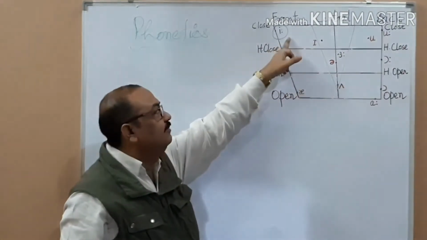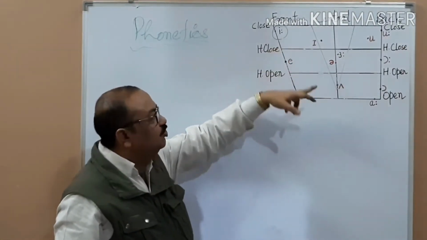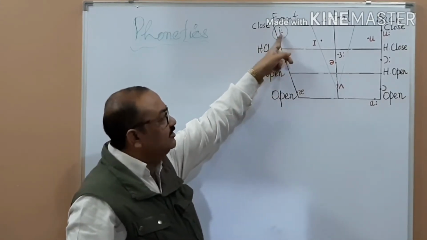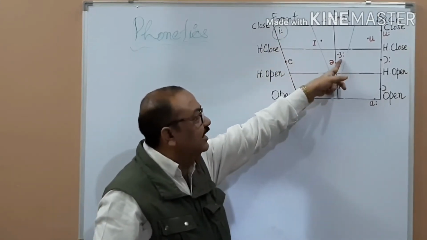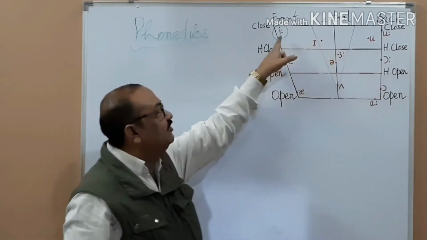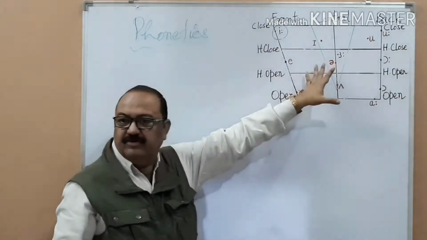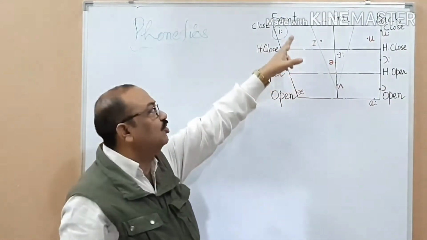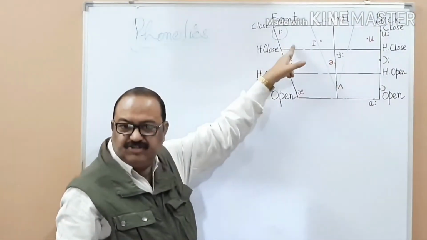This is long ee. You may notice that there are dots here, and here also you have dots against the symbol, and here too. So you have these dots against 5 of these vowels. Out of these 12, 5 have these dots in front of them.